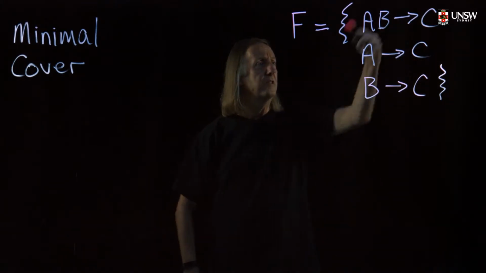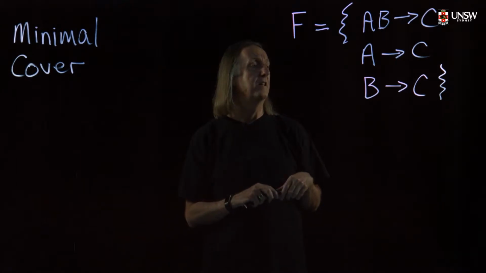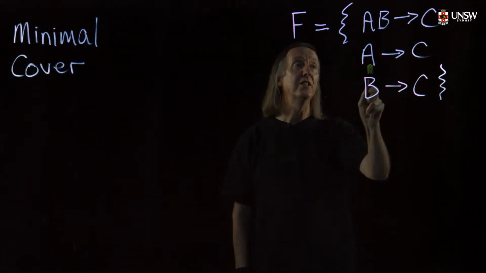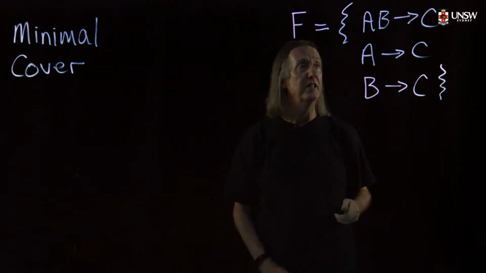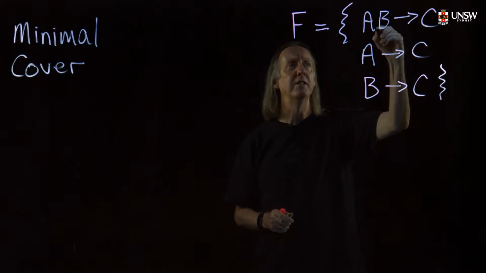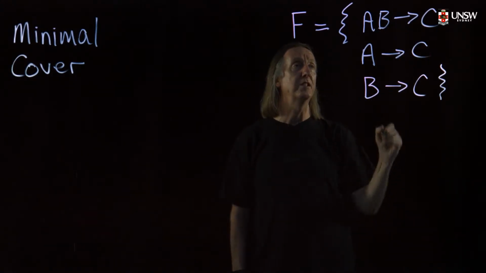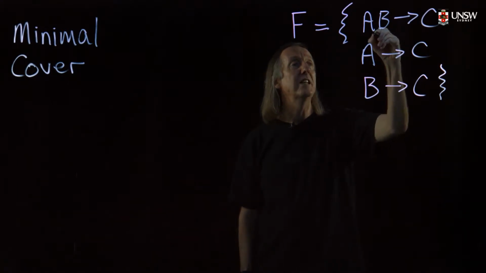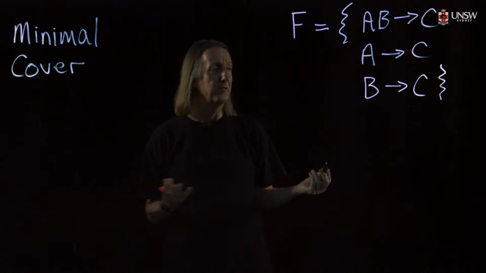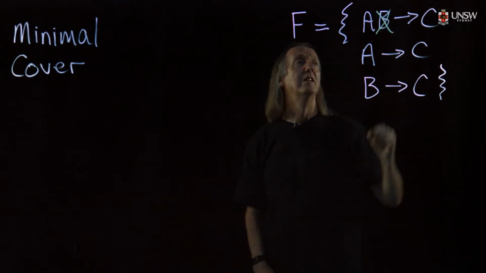If we look at this example, given AB determines C, and given A we know C, then in some sense B is a little bit redundant in this functional dependency. Without changing the expressive power of the set, we could remove that.